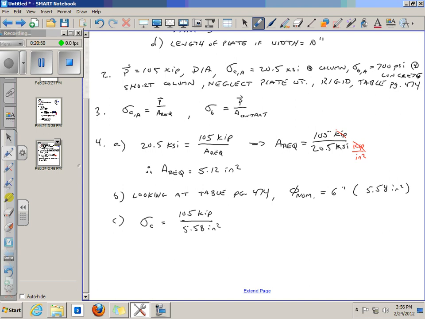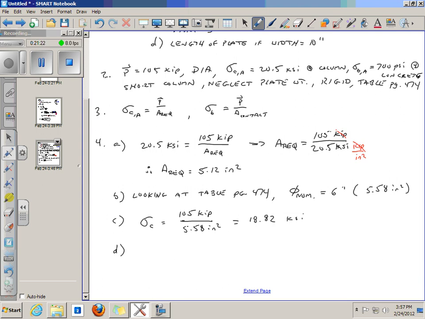We've got more area than we actually need, so our stress is going to go below that allowable. So we've got kips per square inch, so we get KSI, and it's 18.82 KSI. That's our actual stress. It's good. Got to be, because we're allowed to go up to 20 and a half. We're below that, so great. We know we're in good shape.